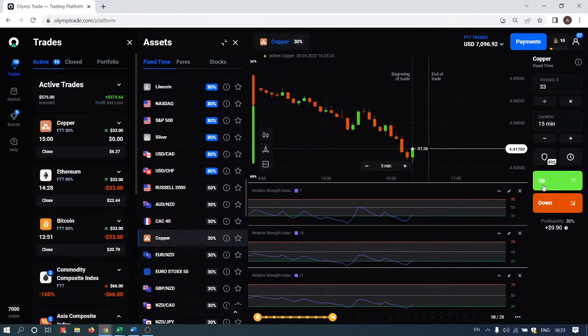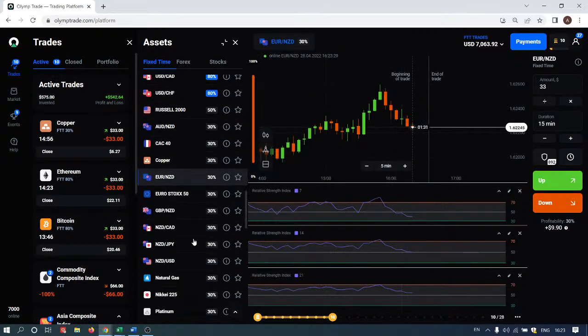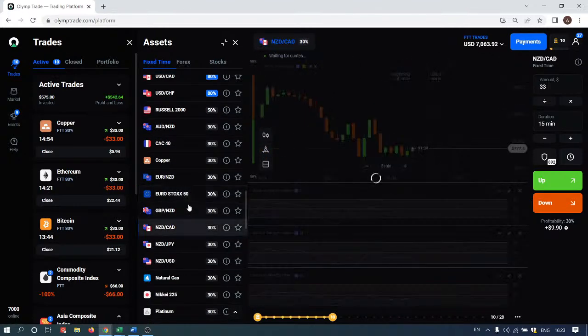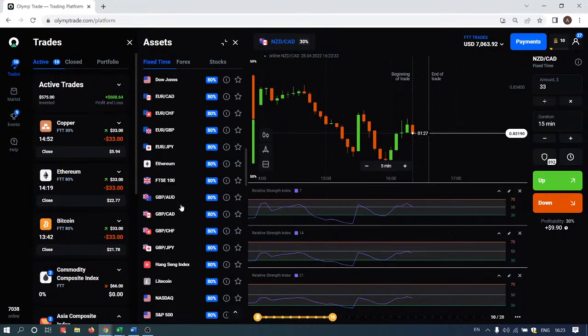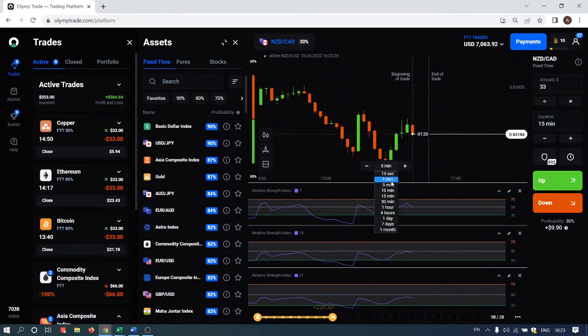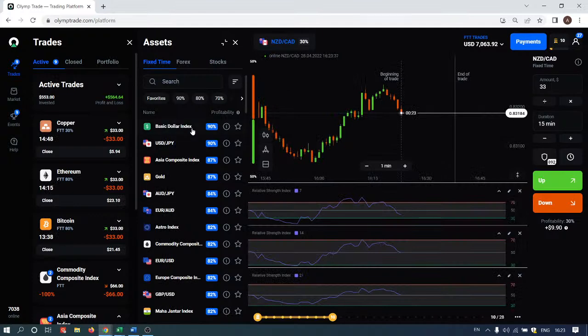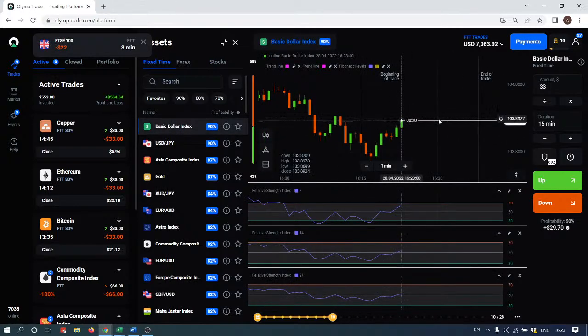All right, let's try copper. Even though we have a 30% rate of return, yeah, let's just try it for the sake of exploring this strategy. All right, guys. Now let me go ahead and switch back to 1-minute time frame. So I will start scanning the assets again.